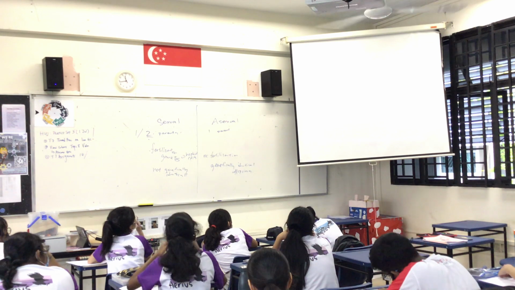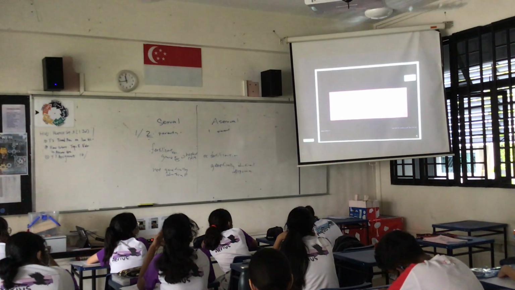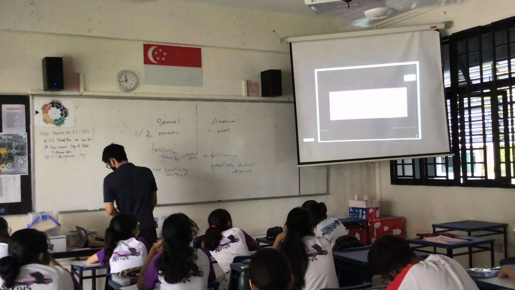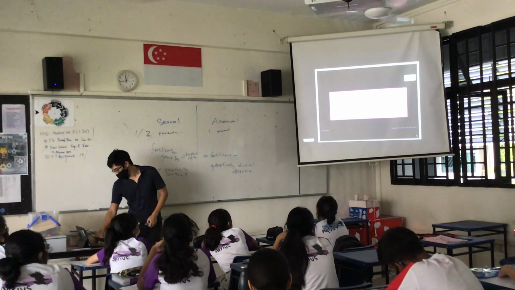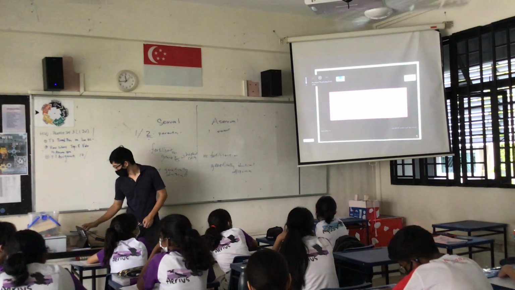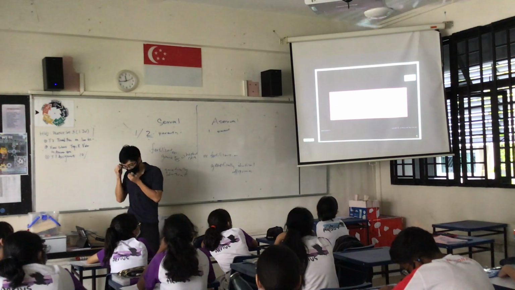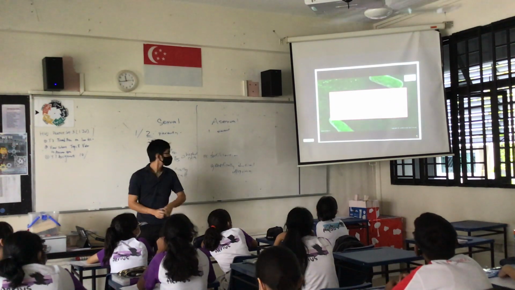Asexual reproduction. By the end of this topic, you will be able to describe different types of asexual reproduction, describe vegetative propagation and its types, describe different methods of artificial propagation.